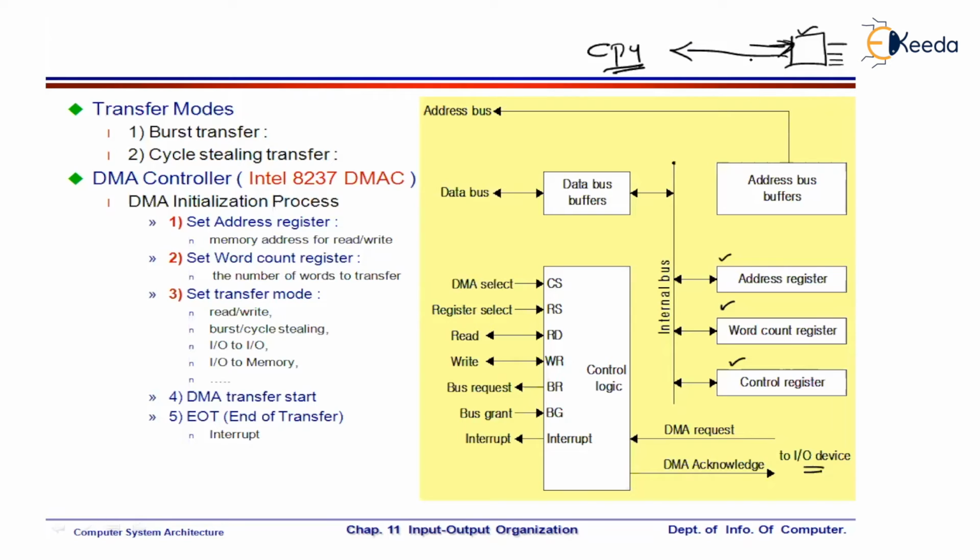The moment CPU receives the bus request, it is going to communicate with this DMA controller by using DMA select and register select. The first 2 connections for the DMA controller are DMA select and register select. By using these 2, it will select one of these registers. There are 3 registers: address register, word count register, and control register.